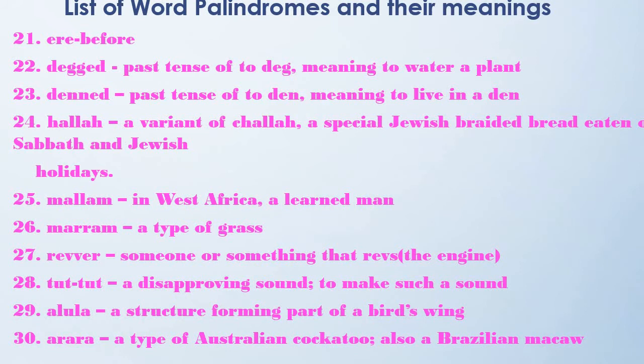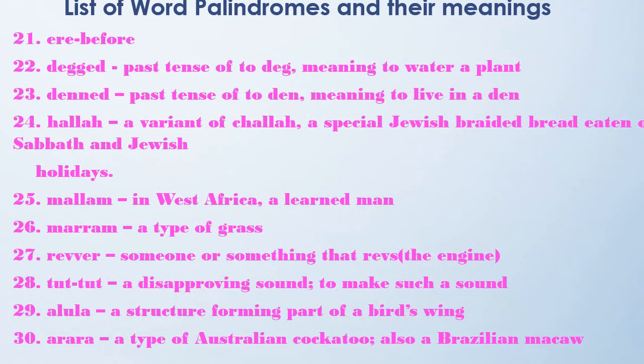Denned is the past tense of to den, meaning to live in a den. Challah is a special Jewish braided bread eaten on Sabbath and Jewish holidays. Malem is a place in West Africa, and it refers to a learned man also.